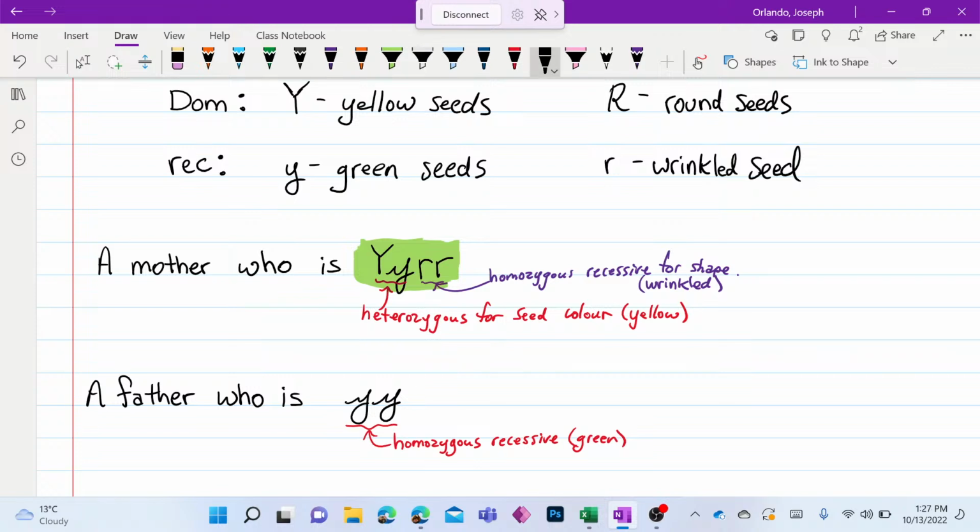Round. And 2 ways to do that. Which do you prefer? Homozygous dominant, which looks like what? Very good. And just remind me what shape that is? Round. All right.